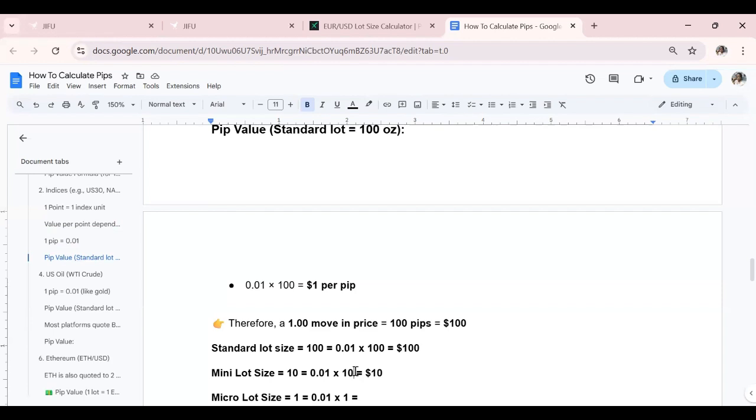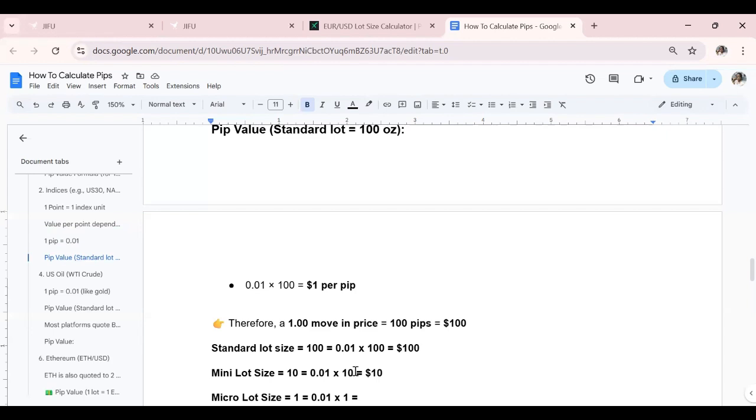1 pip is equal to 0.01, right? 0.01 times 100 will give you 1. Yeah, that's standard lot size. So now what we need to establish is the mini lot size, because I'm following the logic for the currency pairs.